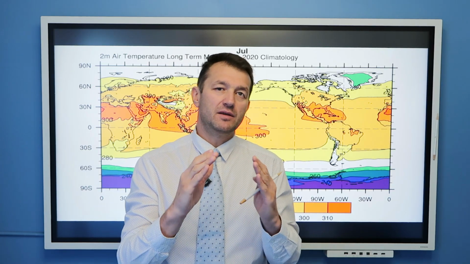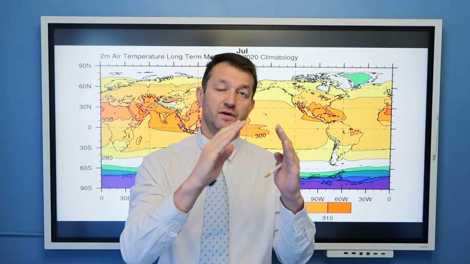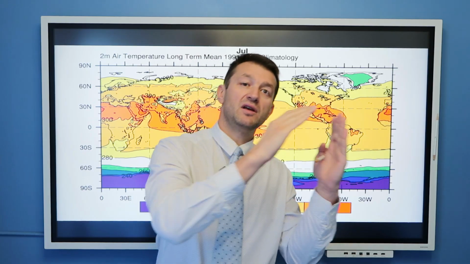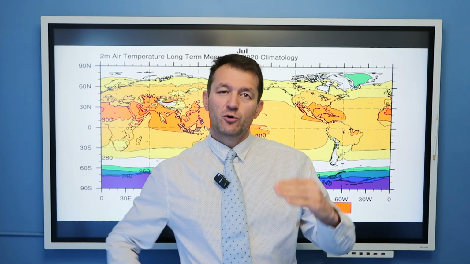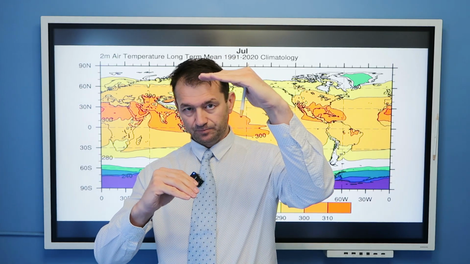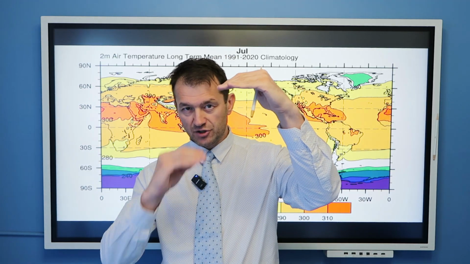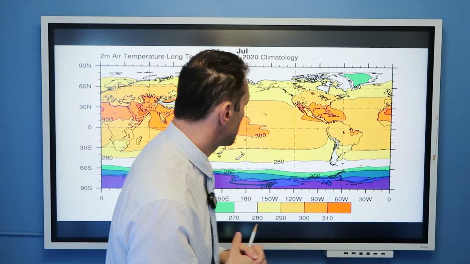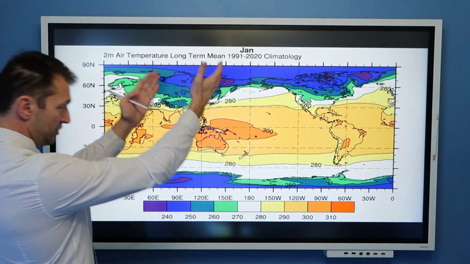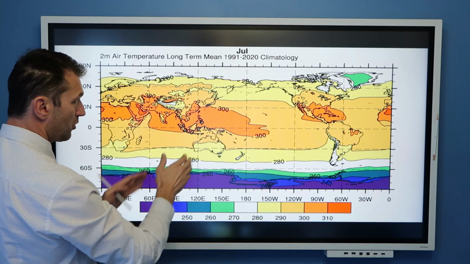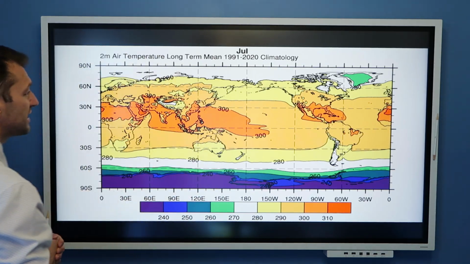But when we have winter in the northern hemisphere, and the North Pole in particular is pointing away from the sun, then it gets substantially less solar radiation. In fact, it gets zero at the North Pole. And therefore, the temperature difference between the North Pole or polar region and the tropical region is much more pronounced in winter months, as you can see here in this climatology, compared to the summer months.